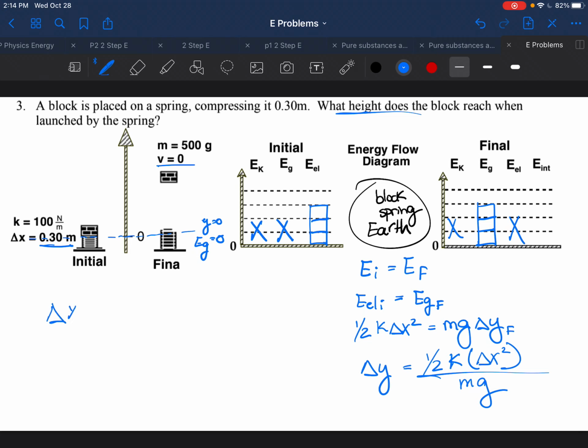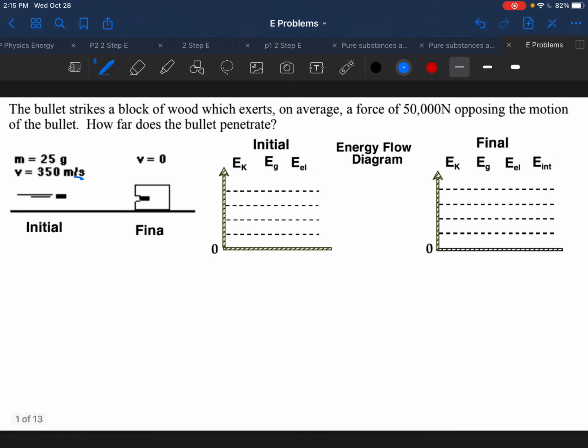This tells me that delta y is equal to, k is 100, so 1/2 times 100, 50, times delta x 0.3 squared, over the mass, 500 grams, or 0.5 kilograms, times the gravitational field constant 10. So I plug that in, and we get an answer in meters, because we're talking about delta y, a vertical displacement here.